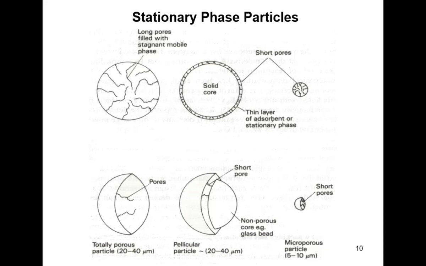One solution was to have little solid metal particles which are then coated with the silica. So it gives you the same kind of surface area of the silica, but these pores are much shorter now because they don't go into the metal core. Or well, like a glass bead with a metal particle.